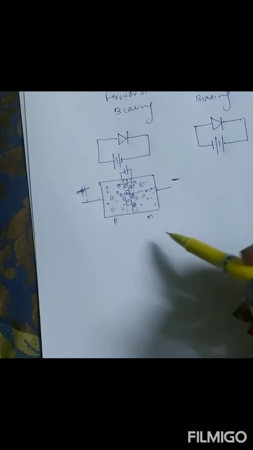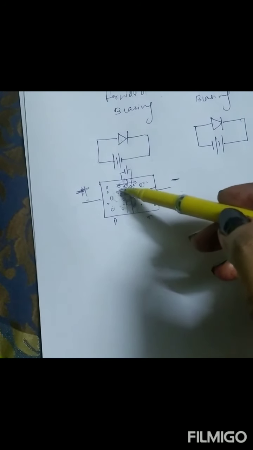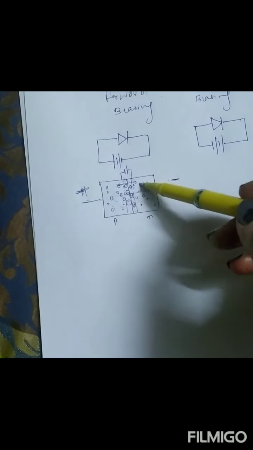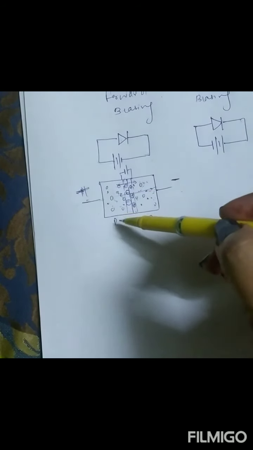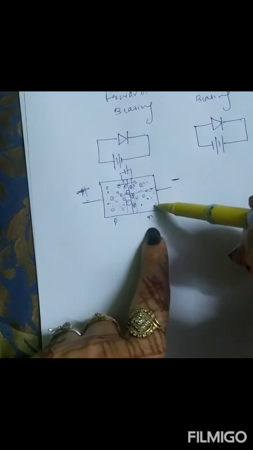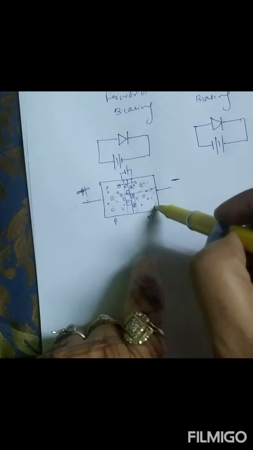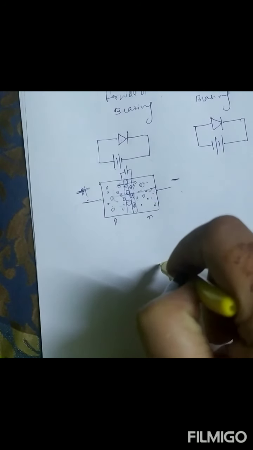So in a p-n diode, current is flowing due to majority charge carriers, holes here and electrons here. Whatever the majority charge carriers in p-type, they cause the current in p-type, and in n-type the majority charge carriers are electrons, so current is due to electrons. So this is what happens in a p-n diode.